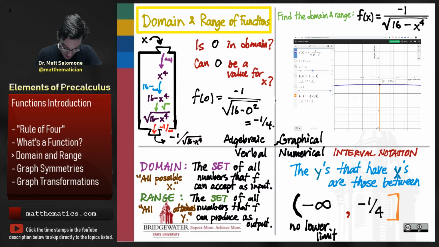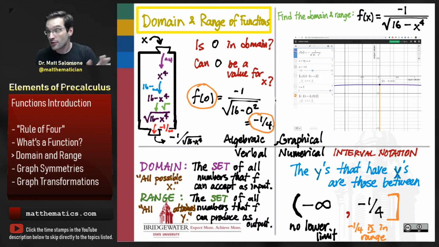I'll put a square bracket here because negative 1/4 is in the range. And it's in the range exactly because it is a value of f of x, right? It's in particular the value of f of x when the value of x is equal to 0. So negative 1/4 is in the range, and so I'll use a square bracket to show that.